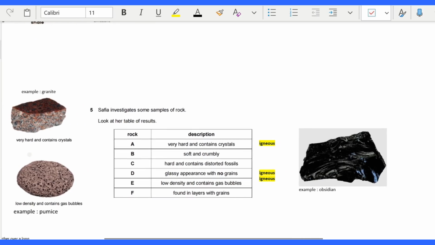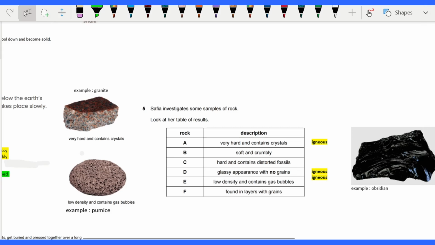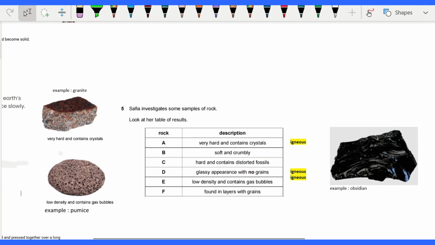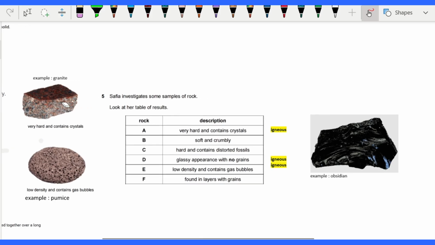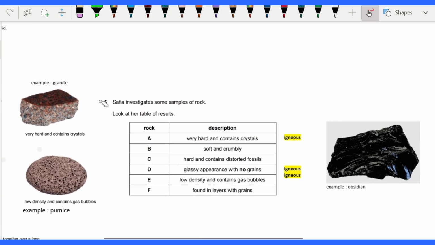So for question 5, from the table of rocks A, B, C, D, E, F, we can identify the types of rock. A is very hard and contains crystals, that is igneous rock. That is granite, you can see the crystals. Then rock D has a glassy appearance with no grain.